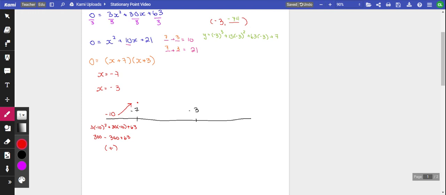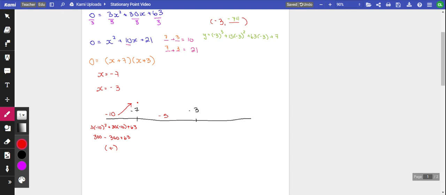So now we have to see what was happening on the other side. So again, we need to pick a test point. This time, my test point has to be between negative 7 and negative 3. So I don't know, let's go negative 5. And again, we're just going to put negative 5 into our derivative function and see if we end up with a positive or negative value.